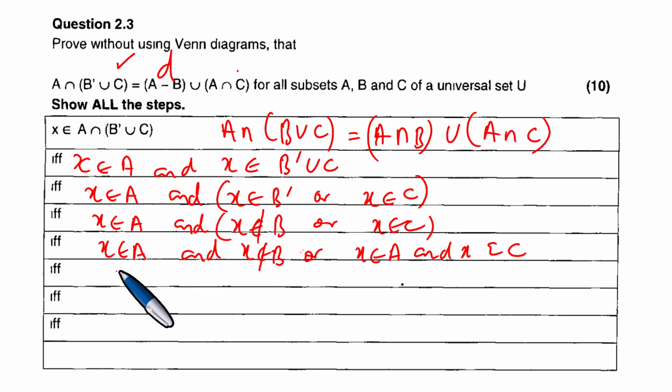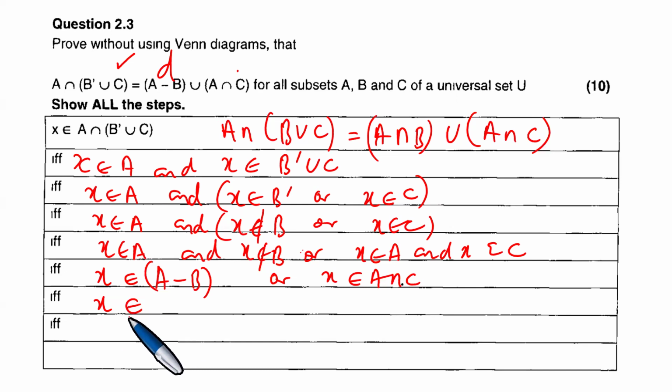Take X not in B, and therefore this would mean that X is an element of A without B, because X is not in B. Or this would mean X an element of A intersection C. A minus B. You have this.